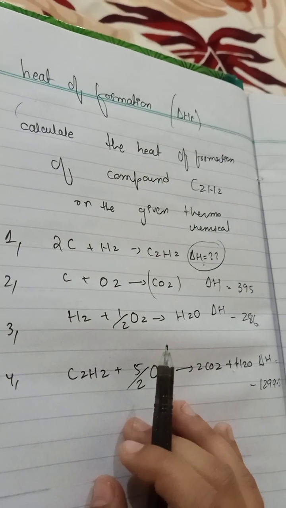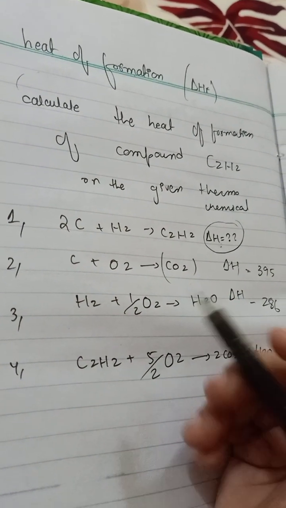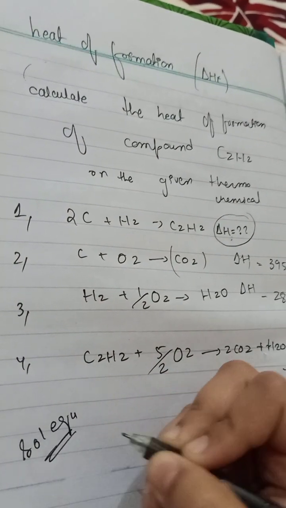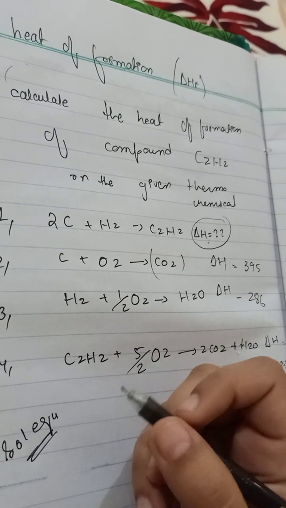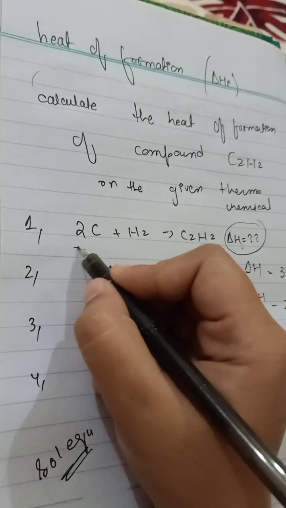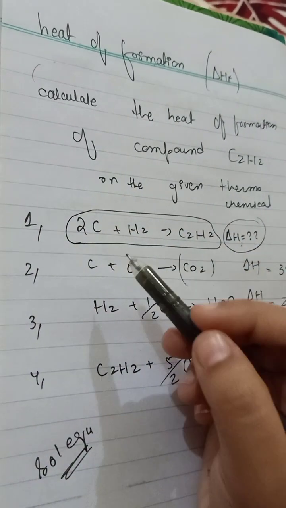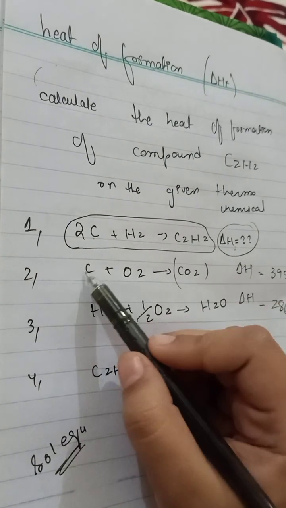So what we will do, it is a combustion reaction, it is also a combustion reaction. So let's find the solution of the equation. If I talk about this one equation, that is having 2 carbon. Alright, here there is no 2 carbon, there is 1 mole.